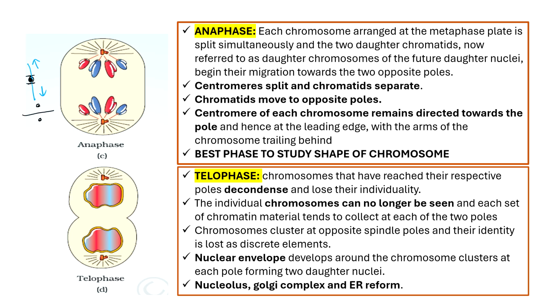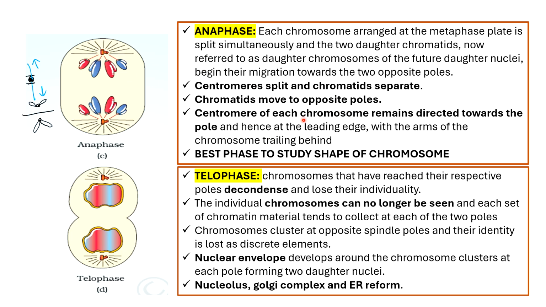So one part of the centromere will have one sister chromatid and the other will have the other sister chromatid. So in anaphase, centromeres split and chromatids separate. The chromatids, where do they move? They move to the opposite poles with the help of the spindle fibers.